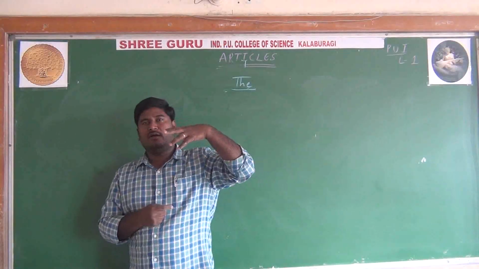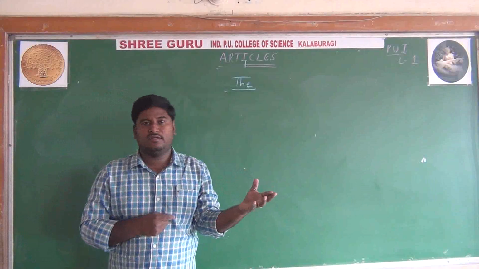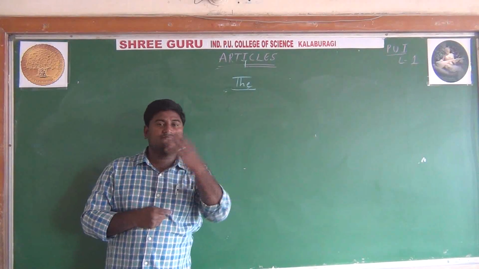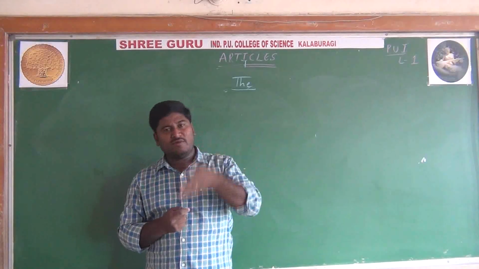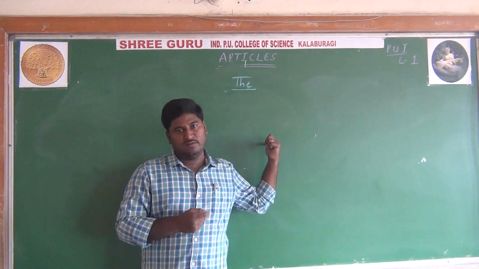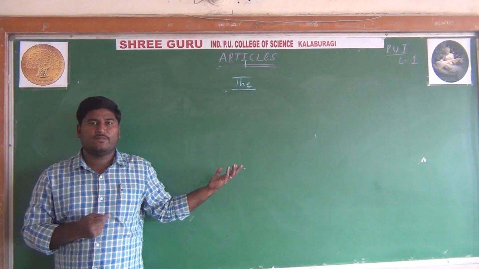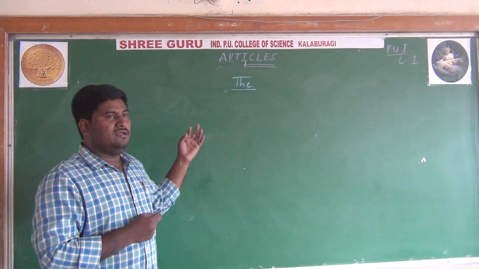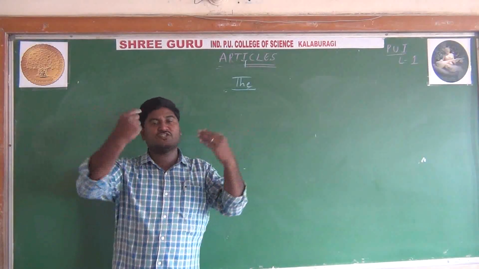For example, the British, the Nizams, the Kadambas, the Cholas, the Hoysalas. Before them also we can use the word the. So the is used in these many ways. And the is used for the directions also.